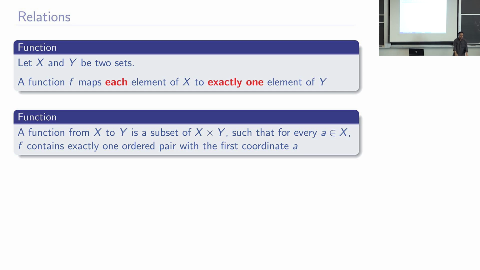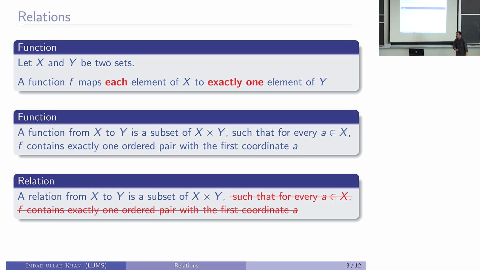The restriction that everybody must be mapped to exactly one means every element of x, the domain, must appear exactly once as a first coordinate. Remember this way of looking at a function.